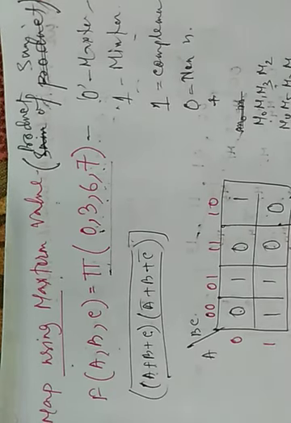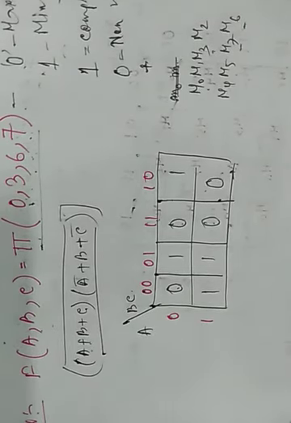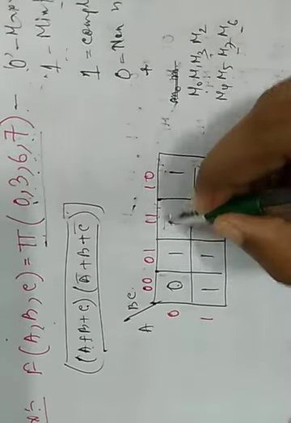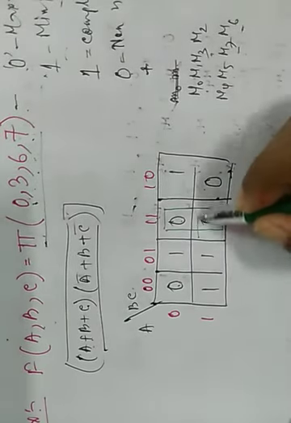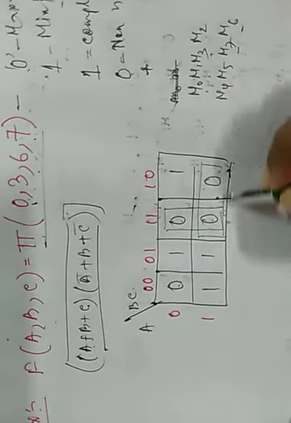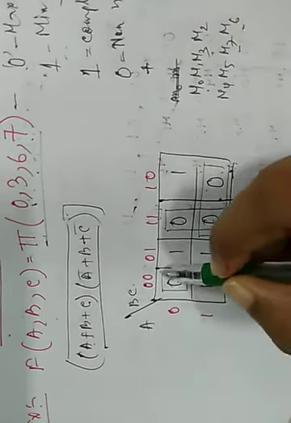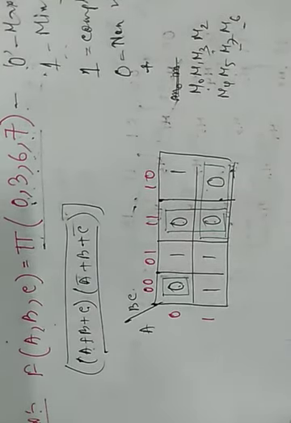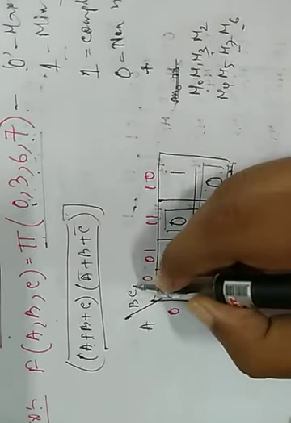That's why we need to group zeros. So for 0 groups, let us see, we can group this into a single group. This also a group, there is also a group, and this one is in a single group.